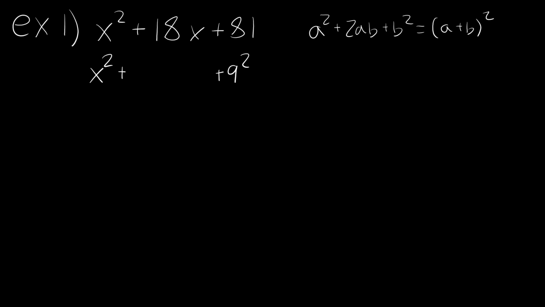So we can write this as 2a and then b. So now we have it in this form, and so we write a plus b squared. So x plus 9 squared, and that will be your answer.